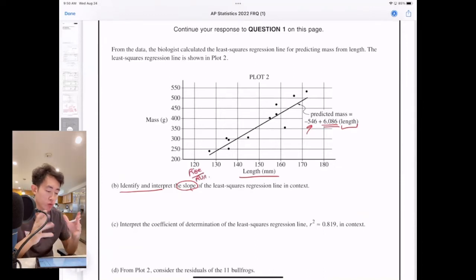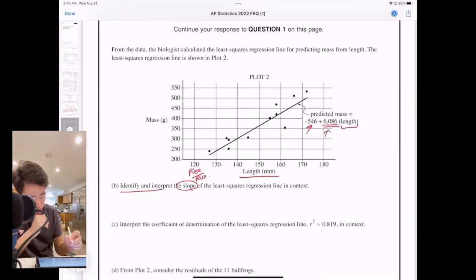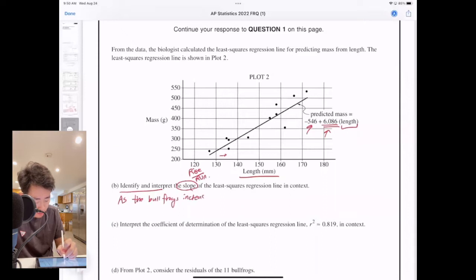If we say that the slope is 6.086, it means that the mass has increased by this much where the length is just a unit of 1. So as the bullfrogs increase in length by 1 millimeter, going to the right in this direction, the mass will increase by about 6.086 grams.